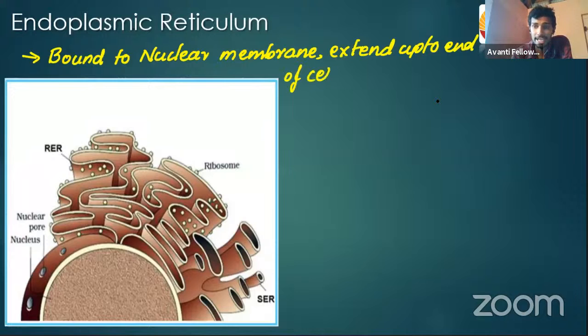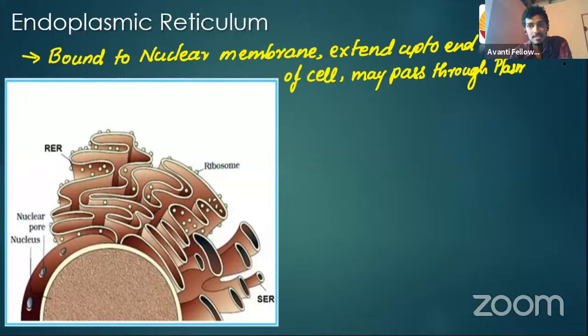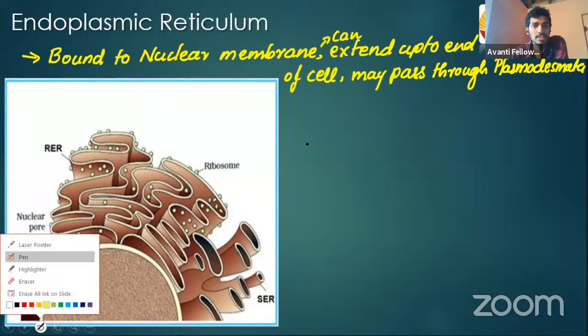It can extend up to the end of the cell. Remember, not in all cases, but it can. It may also pass through the plasmodesmata for connecting to other cells. It can extend up to that range.